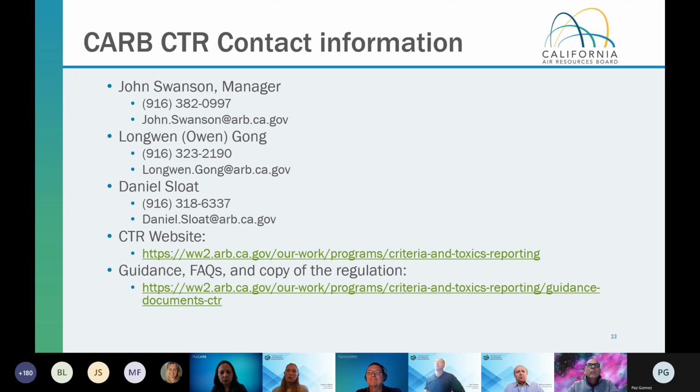So to answer your question, the 4 or 5 programs that were outlined in the third slide, which is the Rule 19.3 applicability, like I said, a facility could be applicable to one or more, or none of them. So if you're not applicable to CTR and you're not applicable to any of the other ones listed, then you won't need to report an emissions inventory.